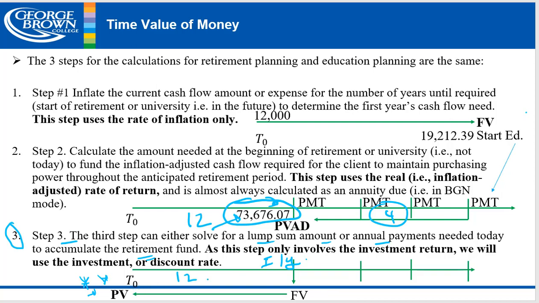We're going to invest them, and we're going to earn the investment rate of 7% net of fees. N is going to equal 12 years because it's time 0 until the 18 years at the beginning of the education is needed. So N is going to equal 12. Future value 73,676. We're going to simply calculate the present value using IY equals 7, compute the present value.